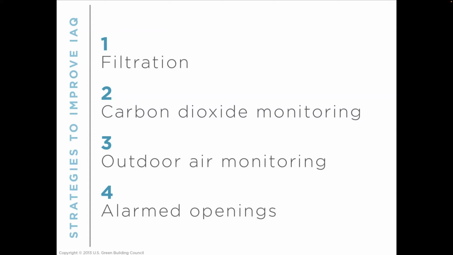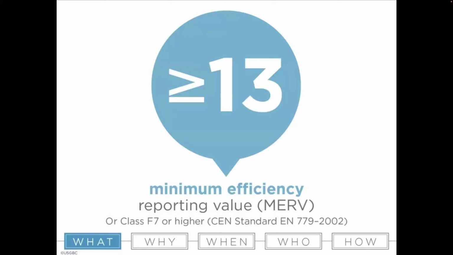And that's because once CO2 gets over a certain number of parts per million in the room, it causes you to get sleepy. So if you're able to see that threshold is being met, that cues the HVAC system to kick in and exhaust the air. That's good. Outdoor air monitoring, again, you just want to make sure that it's the right temperature, and then alarmed openings.